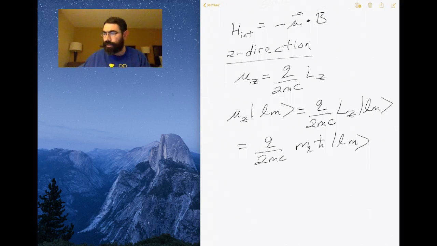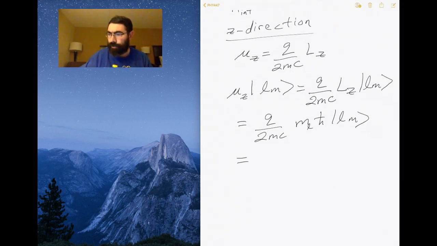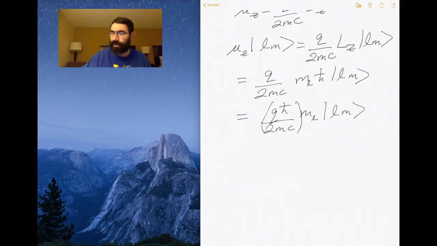So in the end, we can now group our terms, and we have q h bar over 2mc times the magnetic quantum number times the state Lm. So if we group these terms, we can call that the Bohr magneton.